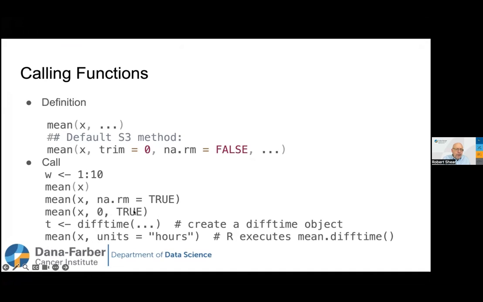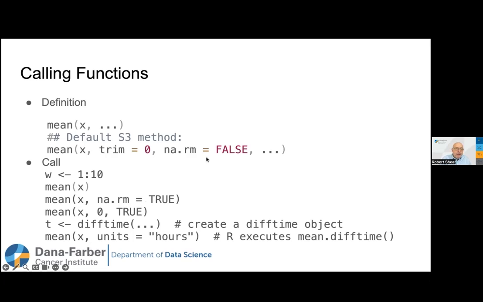I can describe this either positionally or I can describe it with a keyword. So the NA.rm equals true here means I'm passing the argument true to NARM. And you find this particular keyword in a number of this kind of simple computation.